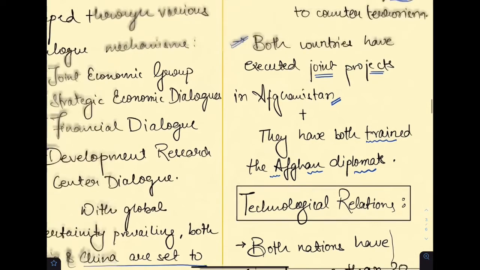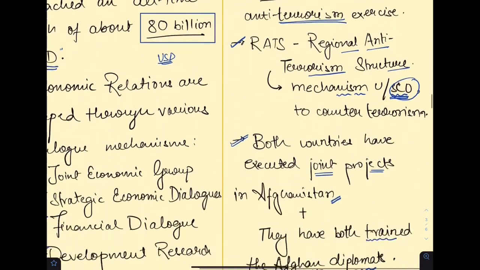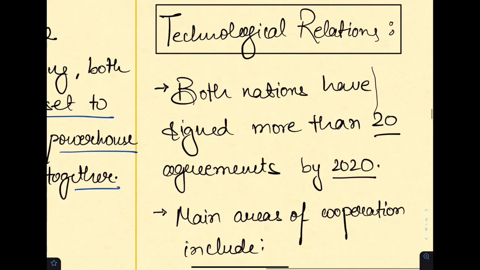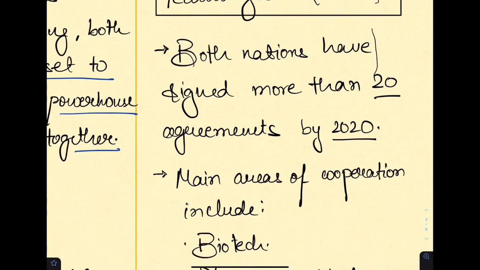Okay, so that was about your strategic and defense relations. Fourth one is your technological relations. In technological relations, what you talk about is science and tech. Both the nations have signed more than 20 agreements by 2020 to improve science and technological ties.